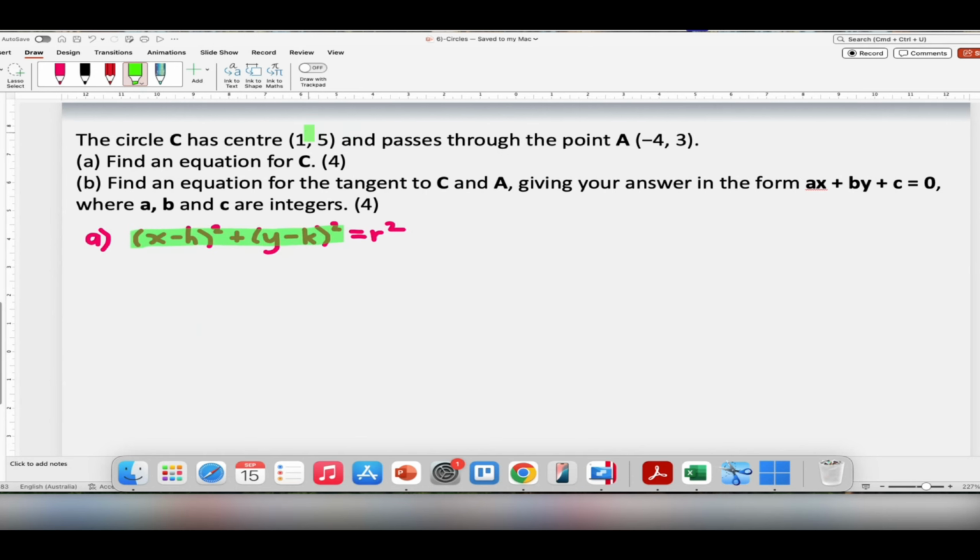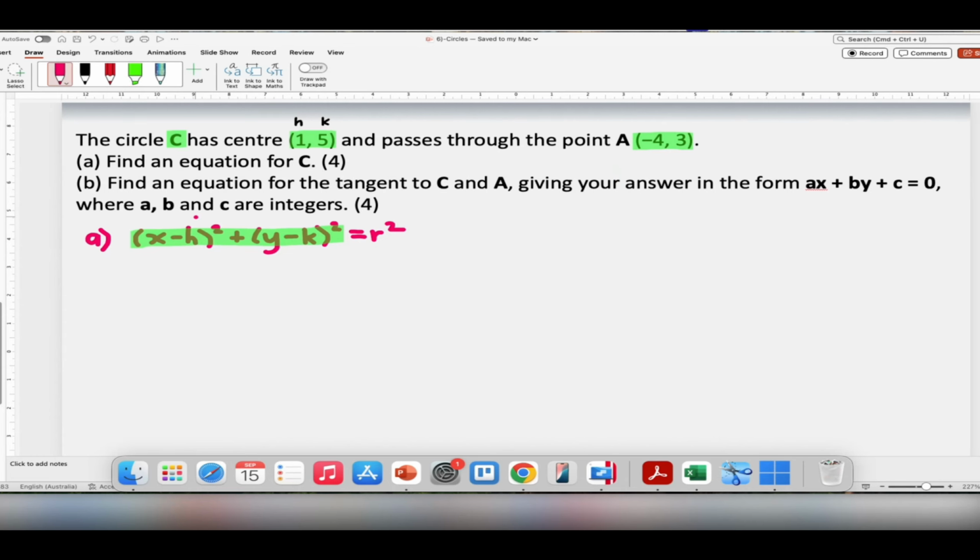We know that the center of circle C is (1, 5). So that's going to be our h value and that's going to be our k value. And we also know that point A has the coordinates (-4, 3). We have to calculate r squared.